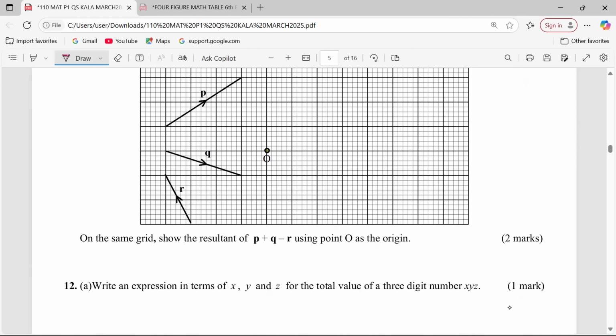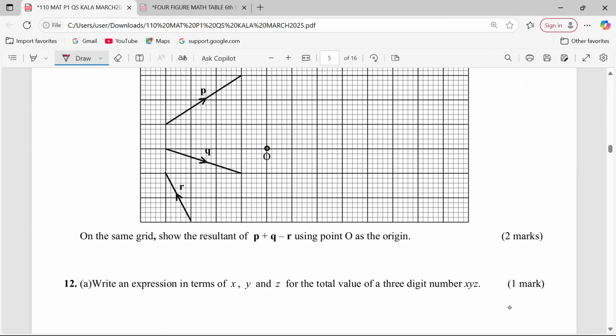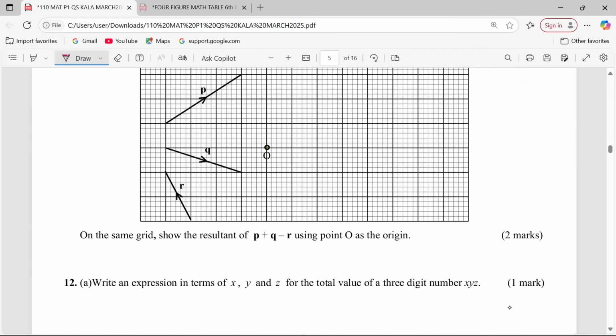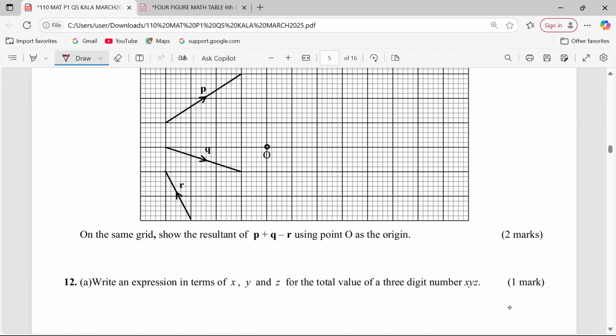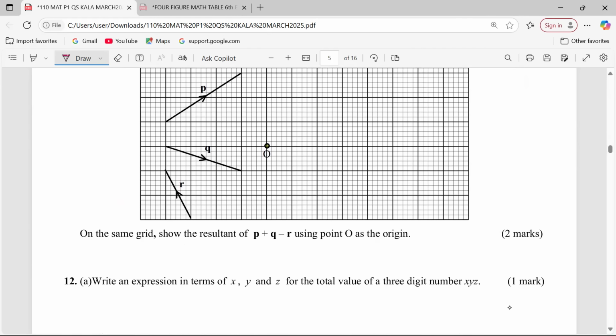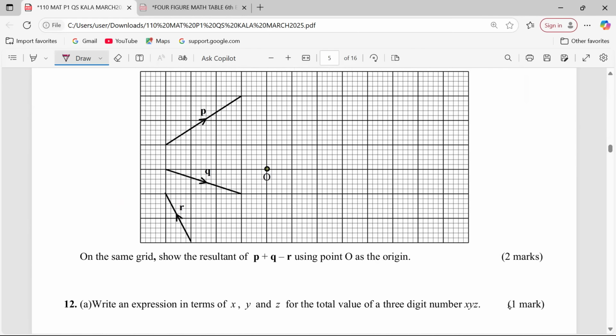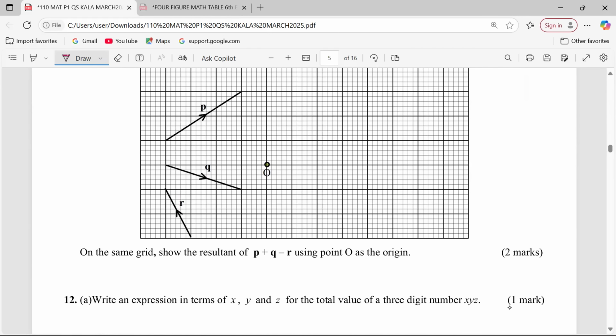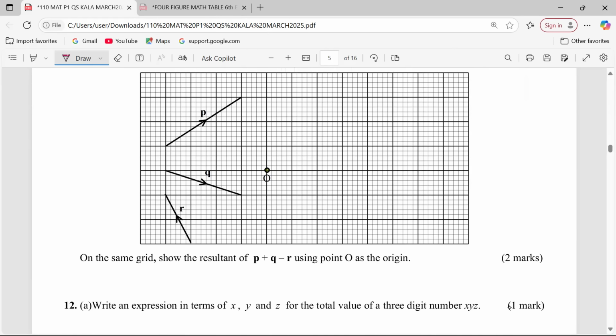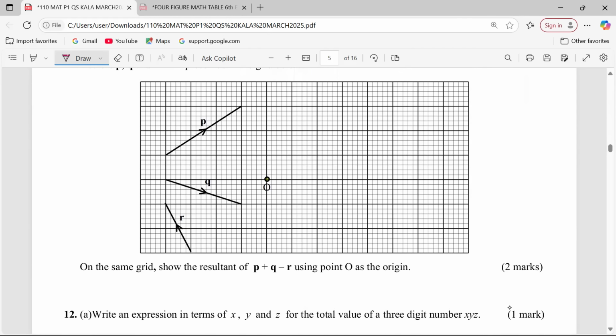For us to add vectors or subtract, we are supposed to start with the original vector which has been stated first, that is P. Then at the head of P, we shall attach the tail of Q. So let me start by drawing vector P with the O as the origin.